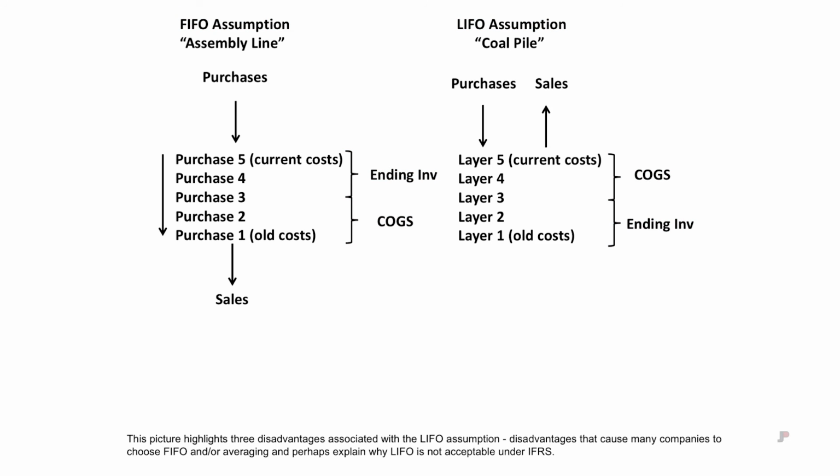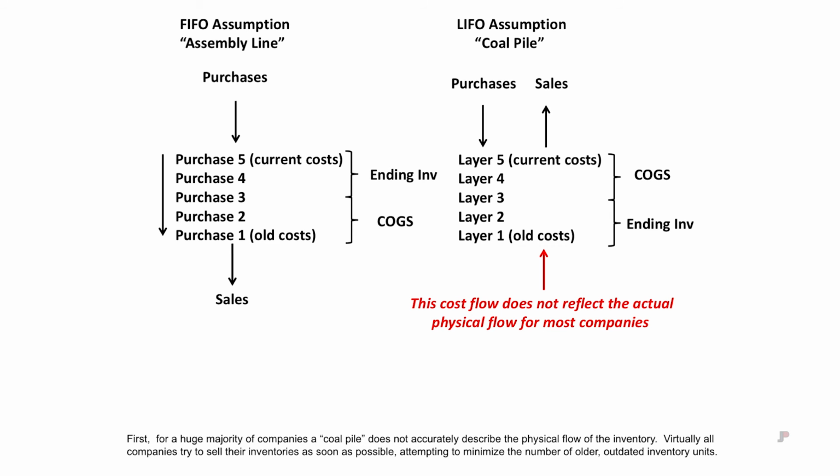This picture highlights three disadvantages associated with the LIFO assumption. Disadvantages that cause many companies to choose FIFO and/or averaging, and perhaps explain why LIFO is not acceptable under IFRS. First, for the huge majority of companies, a coal pile, in quotes, does not accurately describe the physical flow of the inventory.